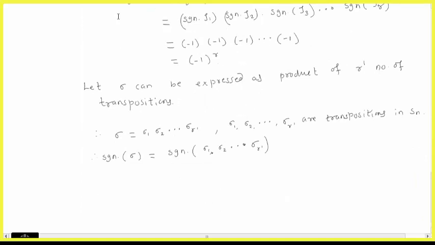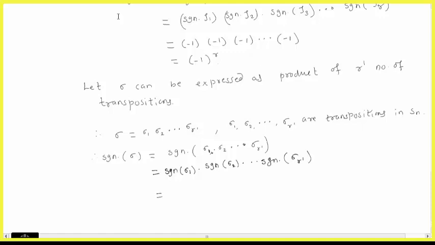We already know that this is a product of sigma 1 into sigma 2 and so on, so the sign of a product is equal to the product of signs. So sign of sigma 1 into sign of sigma 2 into and so on into sign of sigma r dash.